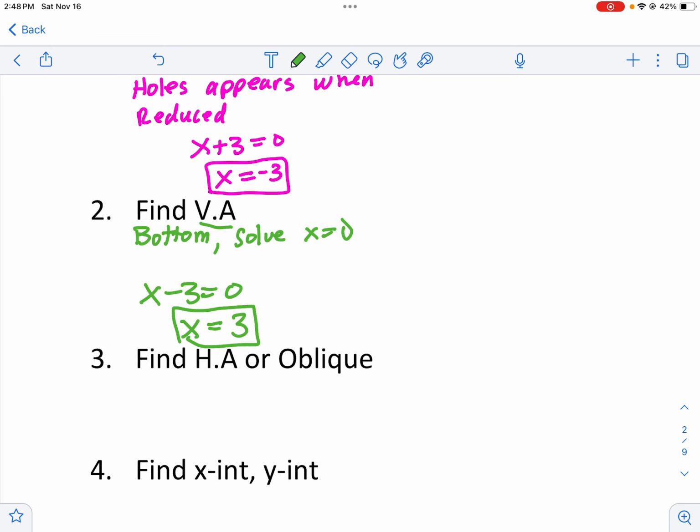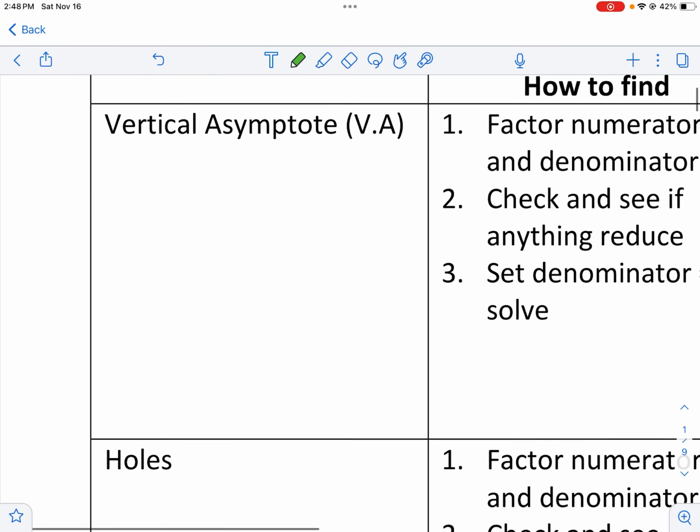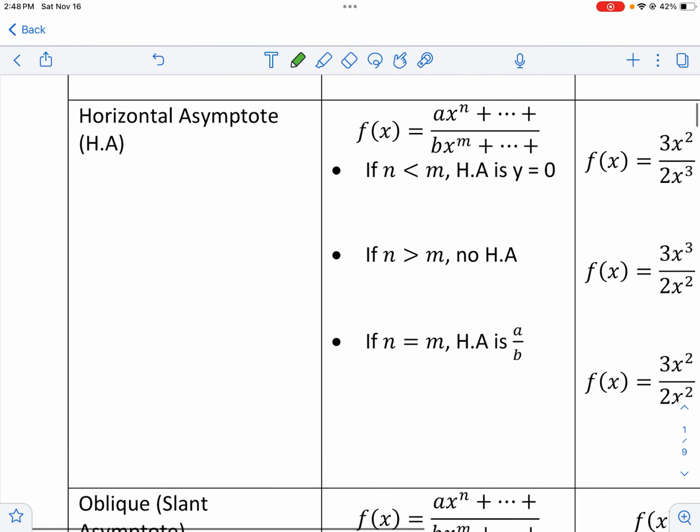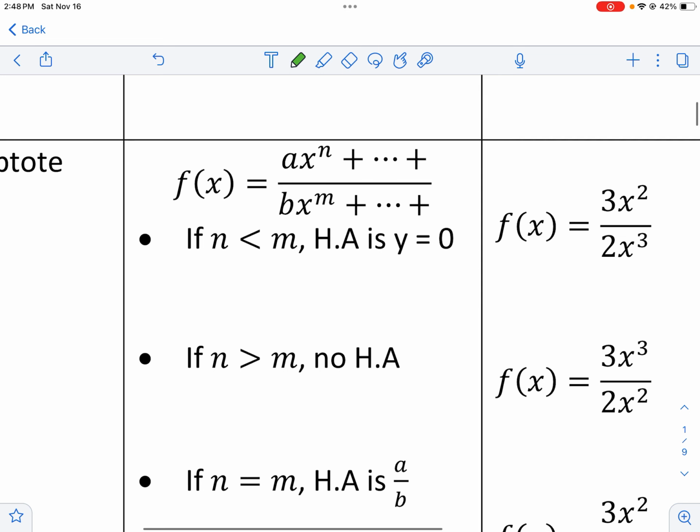Step 3 says find a horizontal asymptote or an oblique asymptote. If you go up to the top, I give you a guide map to the horizontal asymptote. If I look at the exponents, if the top is less than the bottom, then my horizontal asymptote is automatically equal to 0.